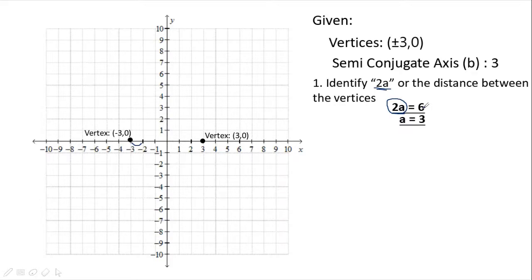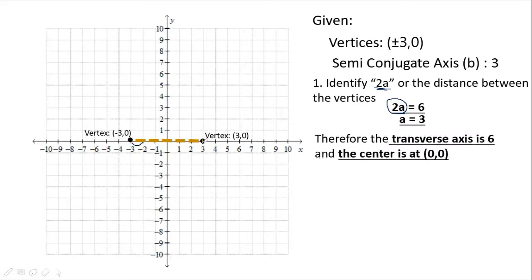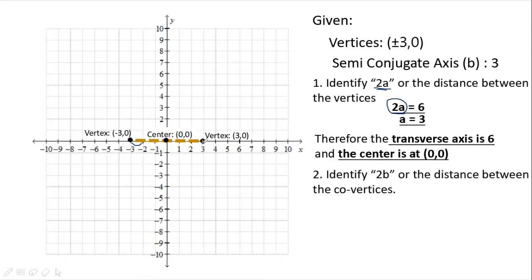Then we'll find the value of a by dividing both sides by 2. So 2a divided by 2 is a, 6 divided by 2 is 3. So this is our transverse axis. Again, the transverse axis is 6, and our center is the point of origin, which is (0, 0).